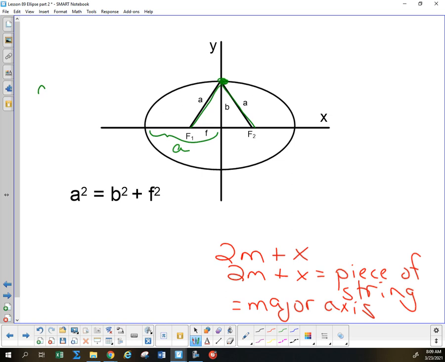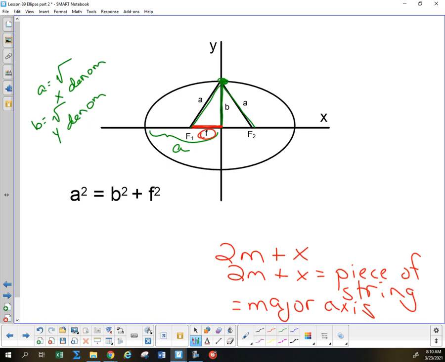So a is the square root of the x denominator for this picture. B is the square root of the y denominator, and we know b is that distance from the center to one of the vertices on the minor axis. And here's that little f that I told you about, the distance from the center to one of the foci.